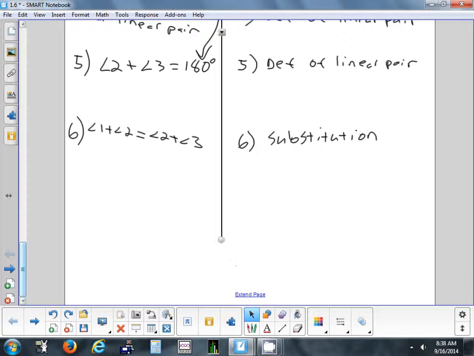All right. Now, how can I simplify this equation a little bit? I have angle 1 plus angle 2 equals angle 2 plus angle 3. There's something I could do on both sides that would simplify that a little bit.